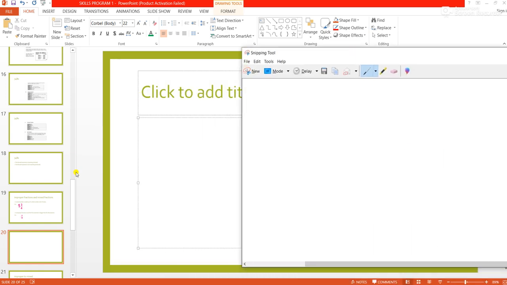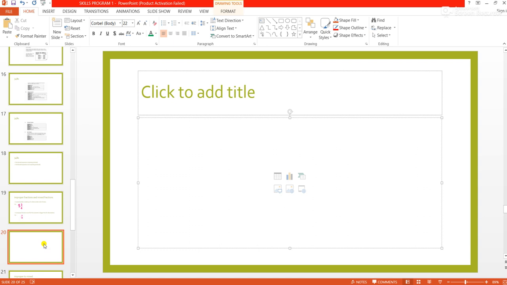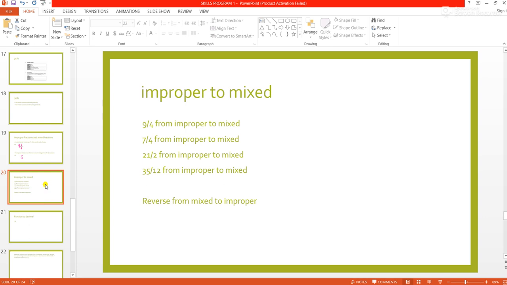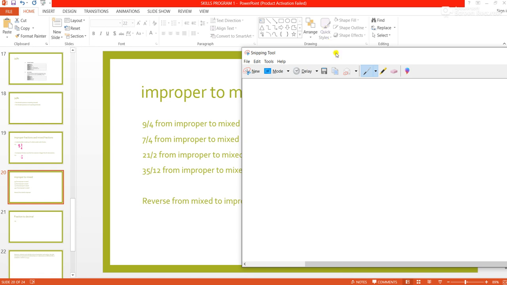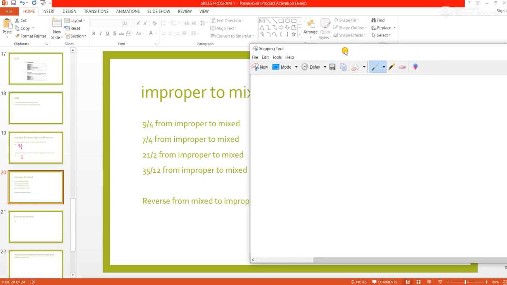So now we can work. Okay, perfect. So now what we need to do, we need to do examples. These are examples. We have to change the properties from improper to mixed. So we'll work out this on the side.